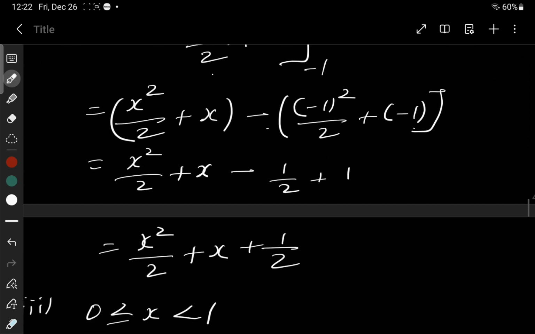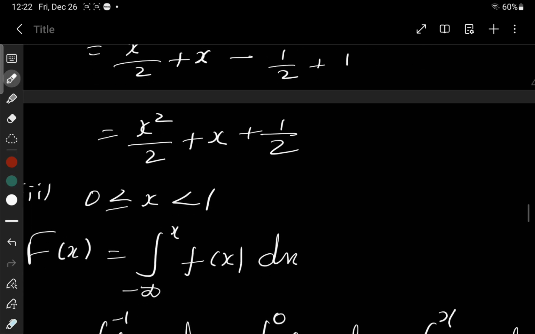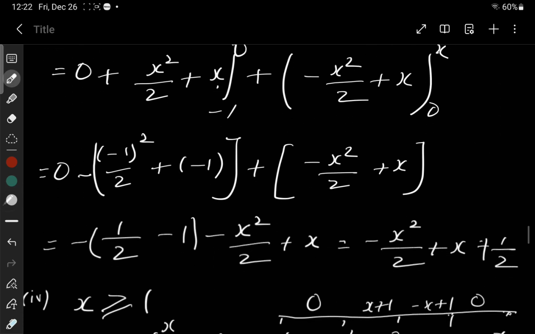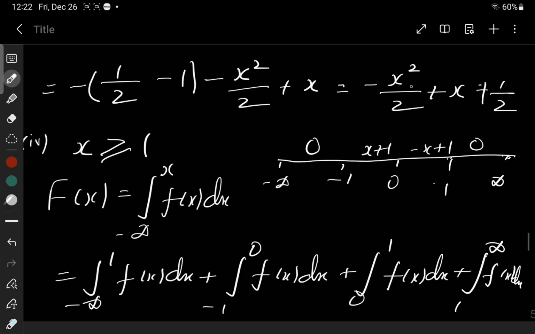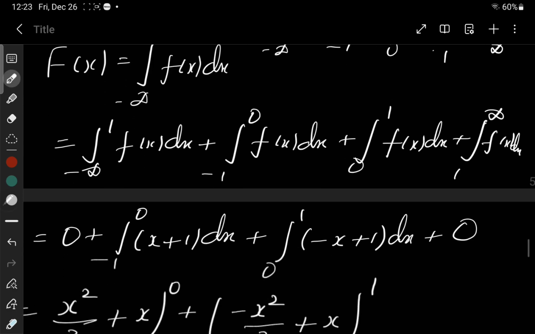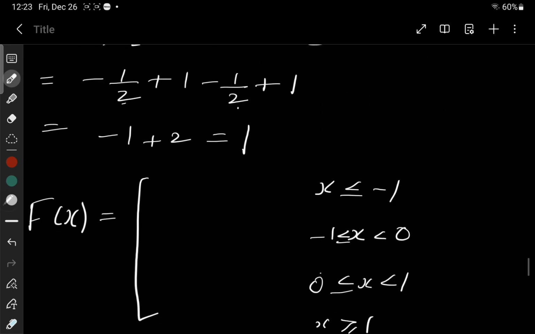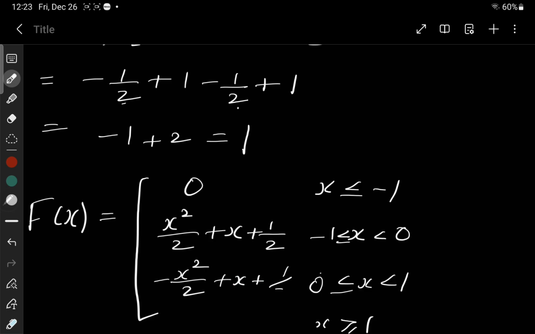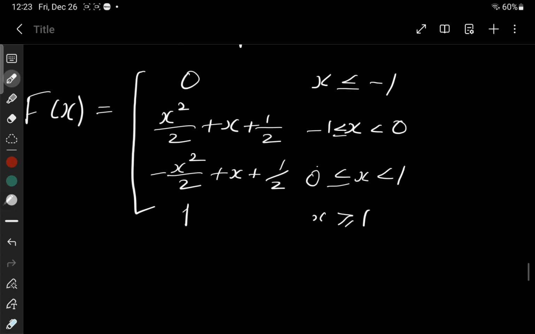Second case, x squared by 2 plus x plus half. Third case, minus x squared by 2 plus x plus half. Fourth case, the answer is 1. That's all. This is your distribution function.